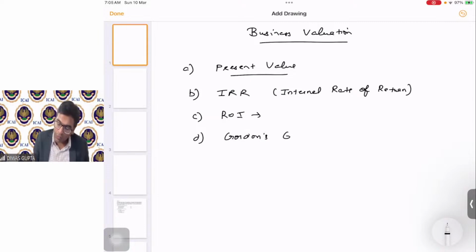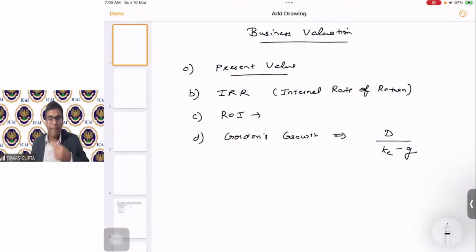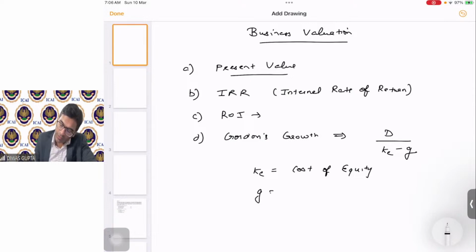So Gordon's growth, what did it suggest? Dividend divided by KE minus G, correct? Can you recall all this? Wherein KE is the cost of equity, and G is growth.